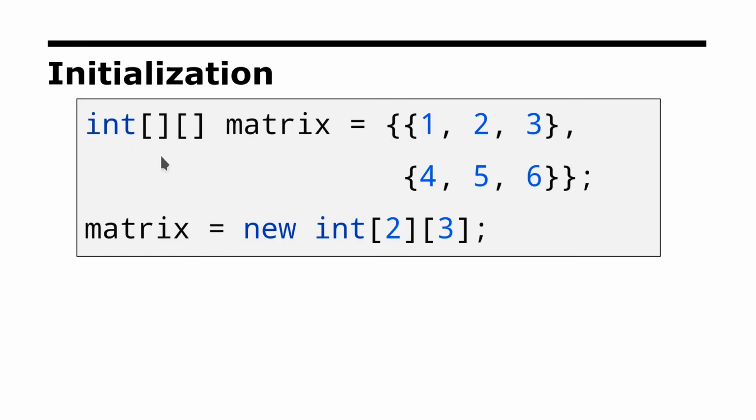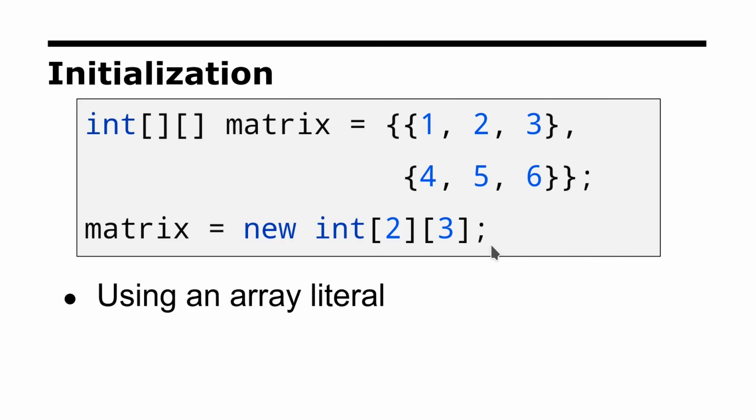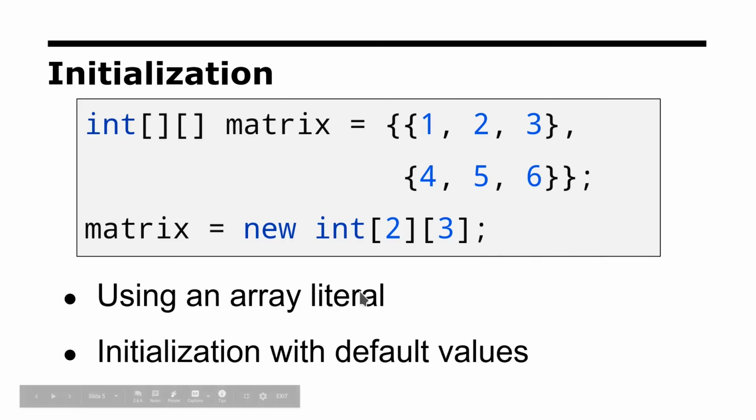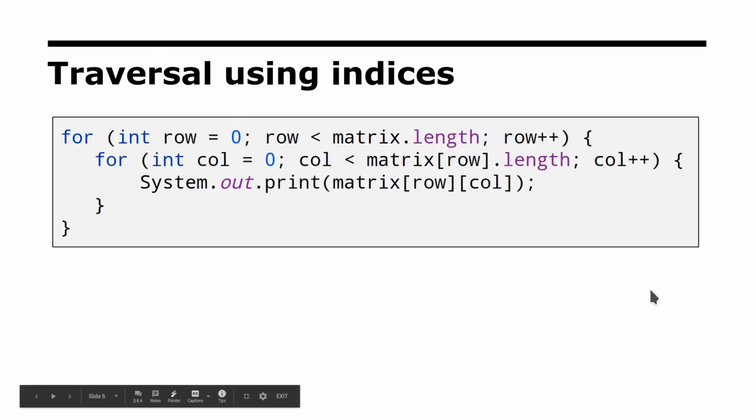I've got two pairs of square brackets, so I'm going to have to use two levels of curly braces, first row, second row, my comma, and here I can also choose to initialize this matrix using just 2 rows and 3 columns without actually giving these a value. They will be assigned the value 0. So these are the two ways in which I can initialize them.